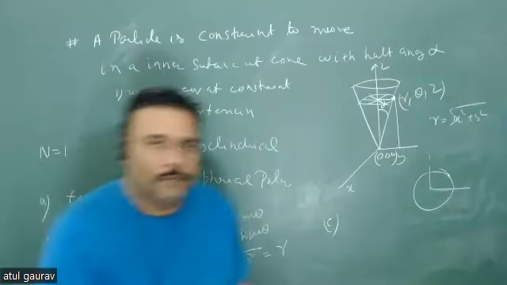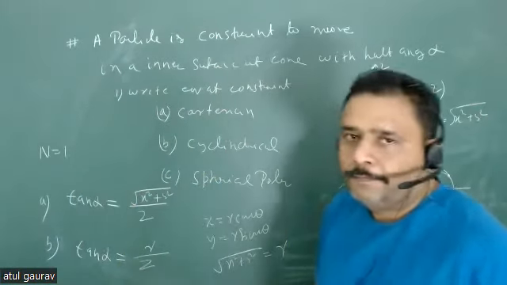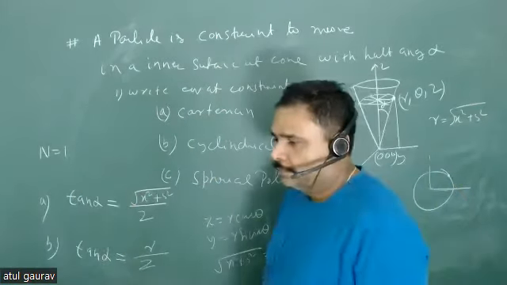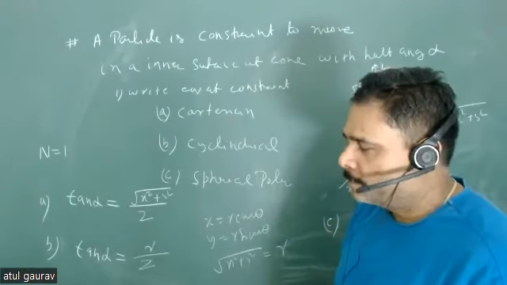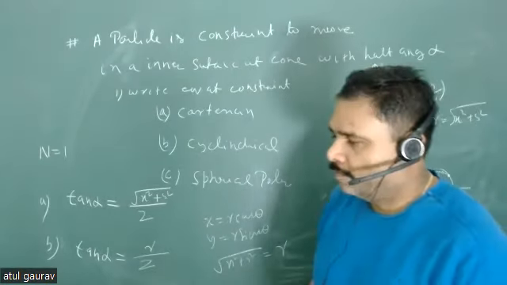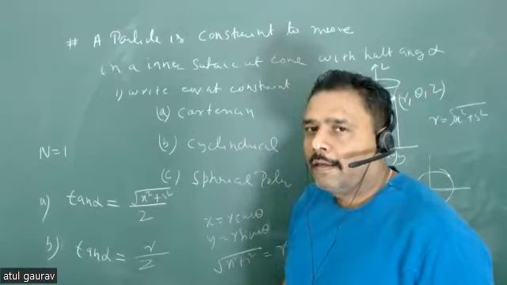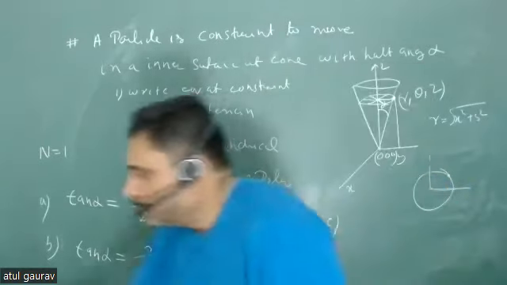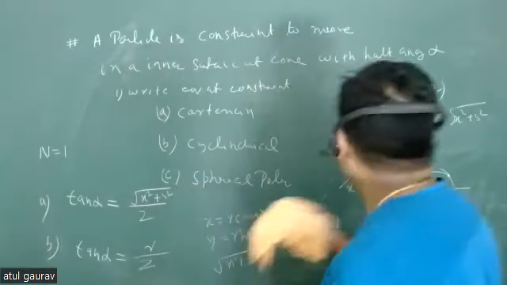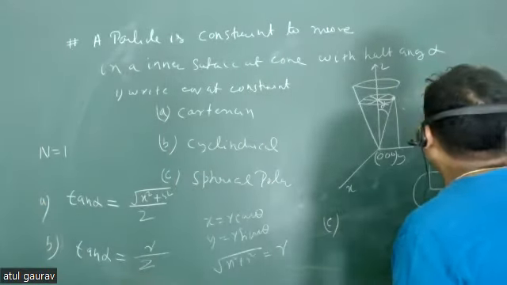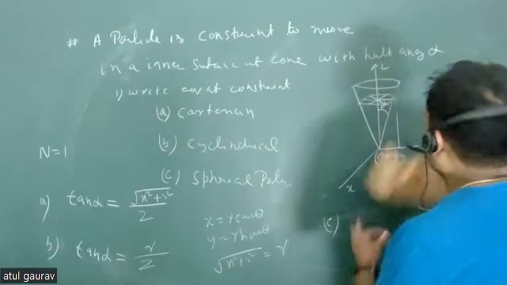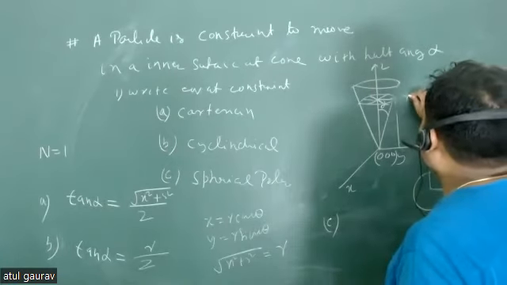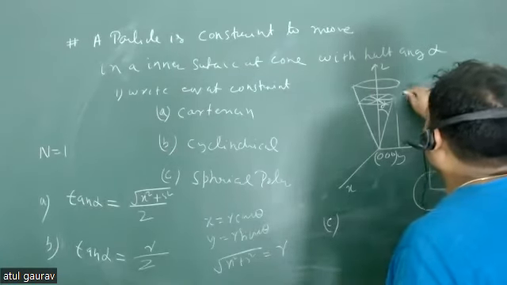Please tell me your equation of constraint. So what will be your dynamical variables in the spherical polar coordinate? R, theta, and phi. Very good. So that is r, theta, and phi.